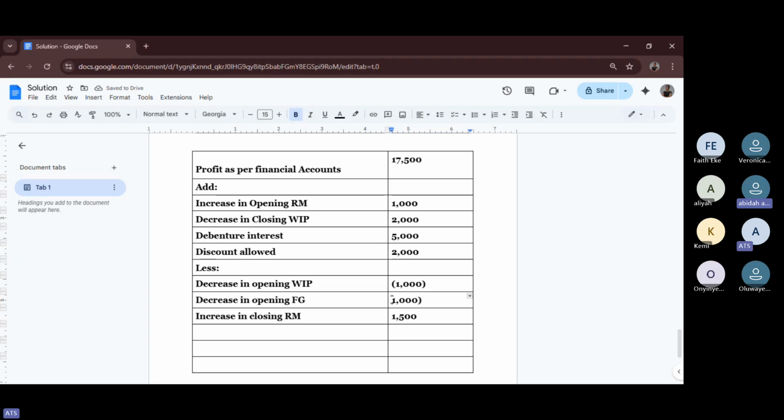So what else are we supposed to deduct? Income in financial accounts, not in cost accounting. Okay. So what are the incomes we have here? Interest received, discount received.